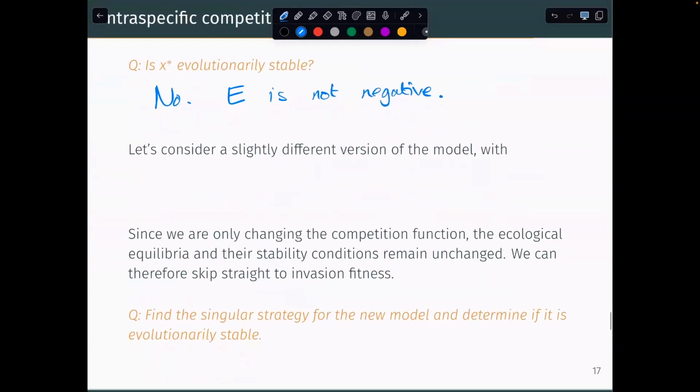So let's consider a slightly different version of the model. Let's modify it a little bit, and we're going to assume now that our competition function is given by e to the minus xr minus xm to the power of 4. So not to the power of 2 anymore, to the power of 4.